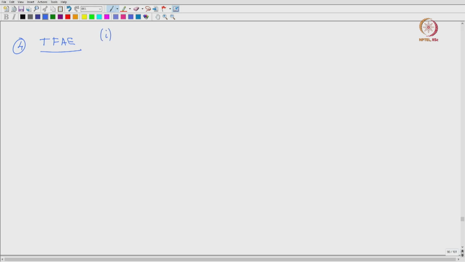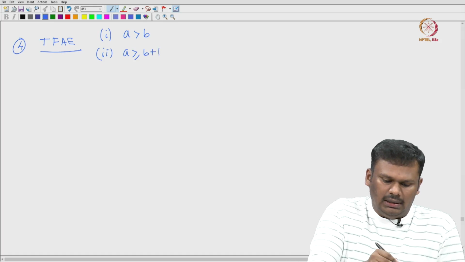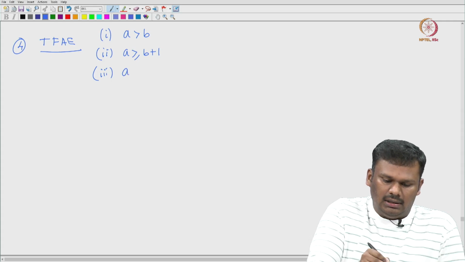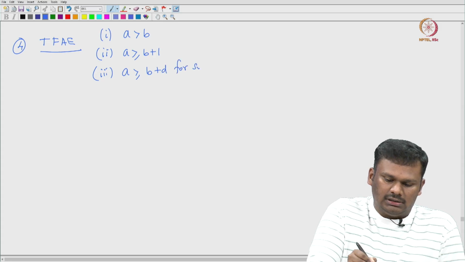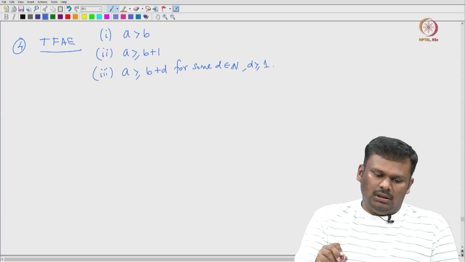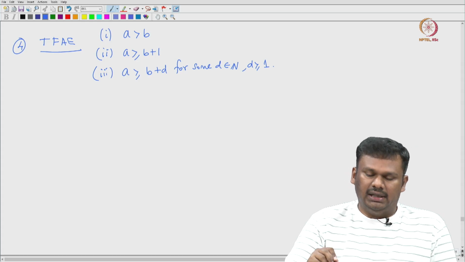The first statement is A is greater than B. The second statement is A is greater than or equal to B plus 1, and the third statement is that A is greater than or equal to B plus D for some D in N such that D is greater than or equal to 1. Okay, so these three statements are equivalent.